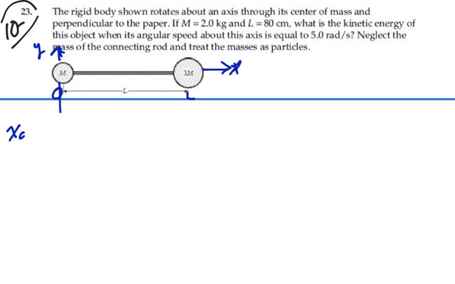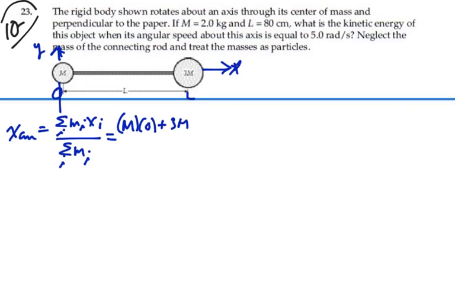Well, the x center of mass will be the summation of every mass multiplied by its x position over the summation of all the mass. In this case, that is going to be mass m times 0 plus 3m times x location of L, over the total mass, which would be m plus 3m.